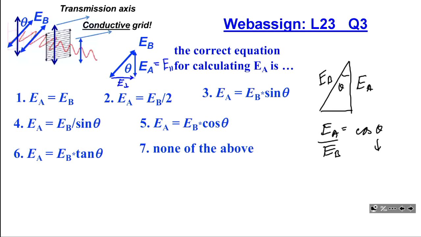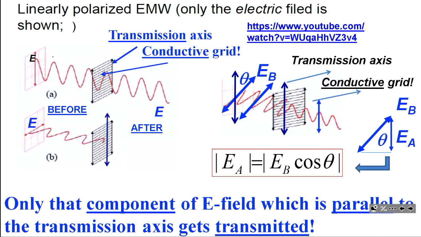And the picture says that it is the angle between the transmission axis and the direction of polarization of light, which, as we know, is just the direction of the electric field. That's it. So that's what we need to know. The orientation of the transmission axis and the orientation of polarization of light. But well, that's the answer.